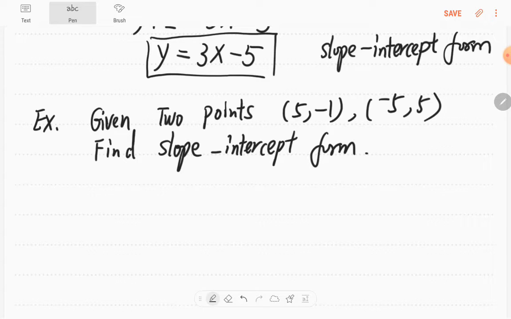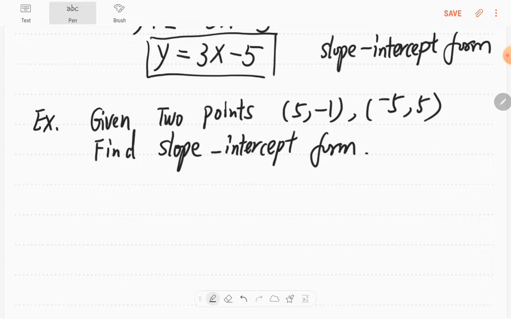We have 2 points, and we don't know the slope or the intercept, so we cannot use the slope-intercept form directly. Most of the time, we cannot get the slope-intercept form directly. We should always start from the point-slope form.